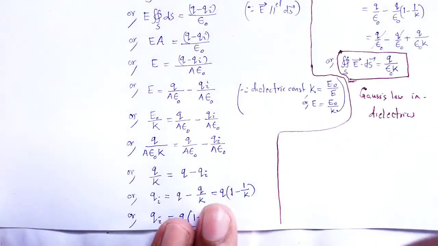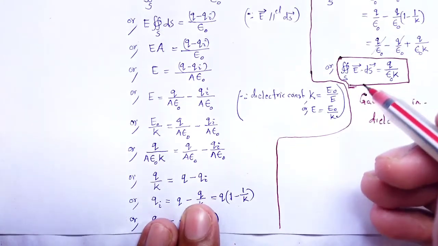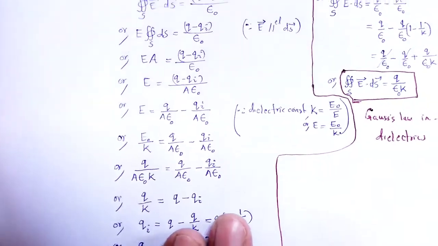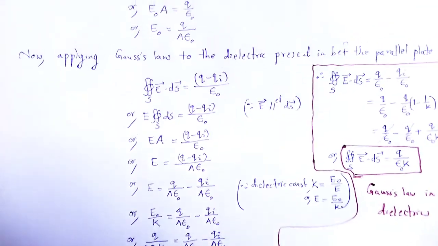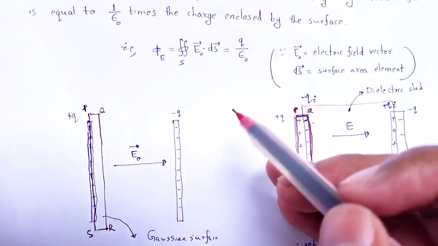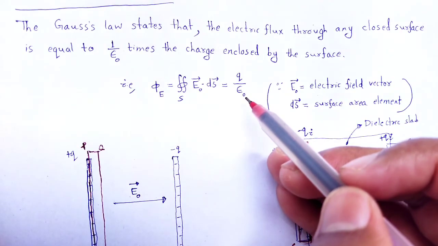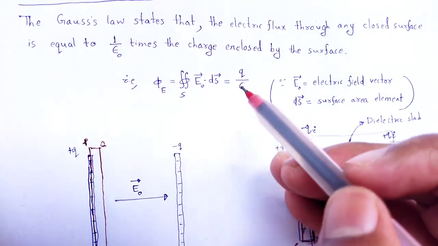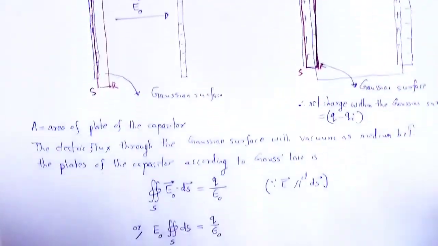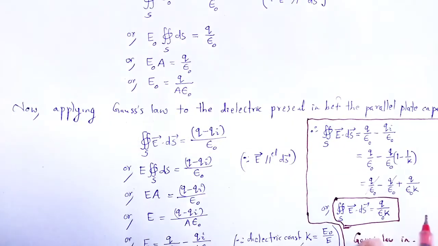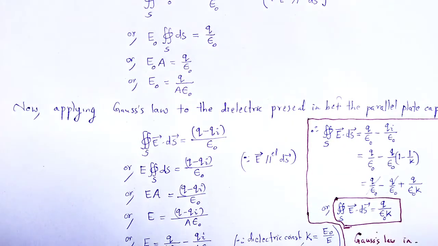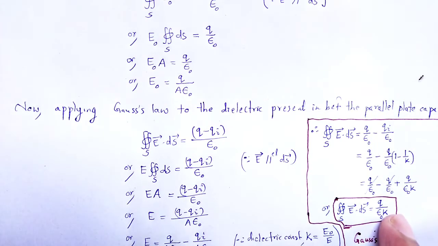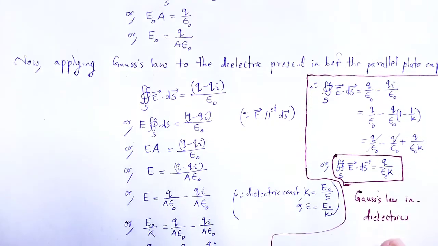Generally, in Gauss law, when the medium is air or vacuum, we have Q divided by epsilon naught, but in the case of any medium, that expression changes to epsilon naught into K, where the dielectric constant is K. This one is the Gauss law in dielectrics.